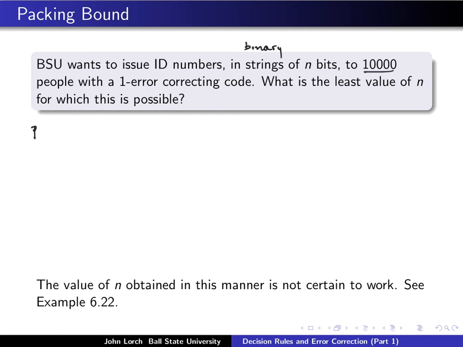Now the packing bound says that the size of this code times n choose 0 plus n choose 1, remember, in this case r is equal to 1, is less than or equal to 2 to the n.